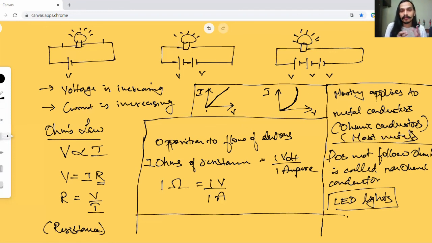And from this equation, he found a value called resistance. Resistance is nothing but how much opposition there is for the electrons or for the current to flow through that conductor. When there is more resistance, it means the flow is difficult, right? The electrons move very slowly across it.